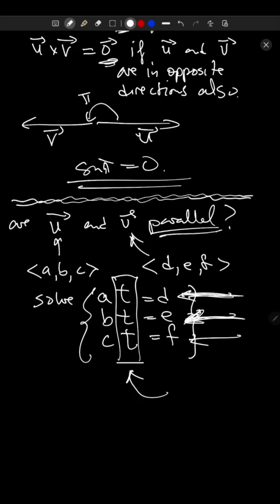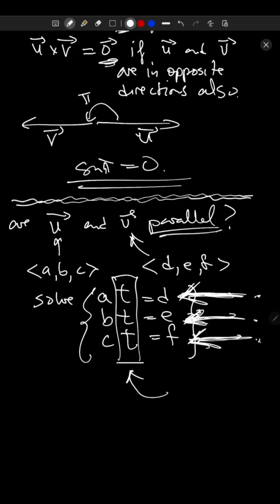One of the general principles of math, not necessarily always true, is that when you try to solve a set of equations, if there are more equations than unknowns, then generally there's no solutions. And what that means in our setting is that generally two random vectors are not parallel, because generally this set of equations has no solution. So it has to be a very special situation for there to be a solution, right?